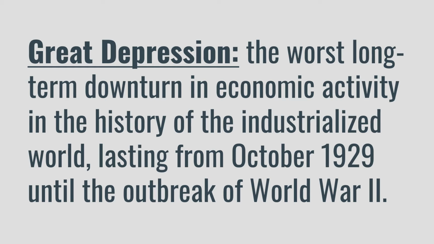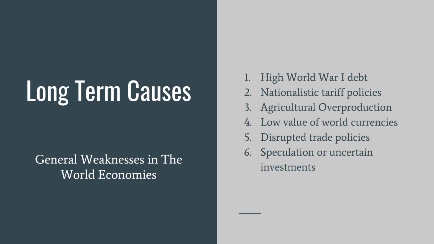And this Great Depression, we sort of characterize it from lasting from October of 1929 until the outbreak of World War II, roughly 10 years later. So the long-term causes of the Great Depression sort of exposes a lot of the general weaknesses in the world's economies. So again, there is high World War I debt.